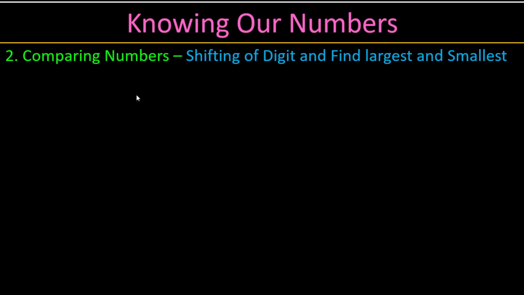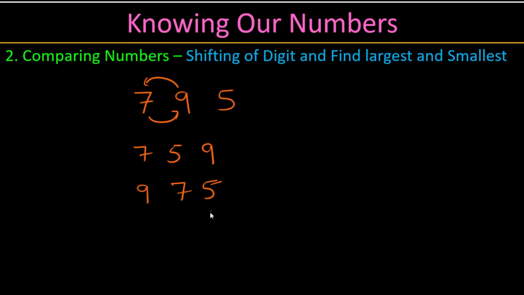Another example is 795. I will move the digits. 9 comes here, 7 goes here, 5 here. 795. Now I will move this. 9 goes here and 5 comes here. So 759. 9 goes here, 7 comes here, 5.